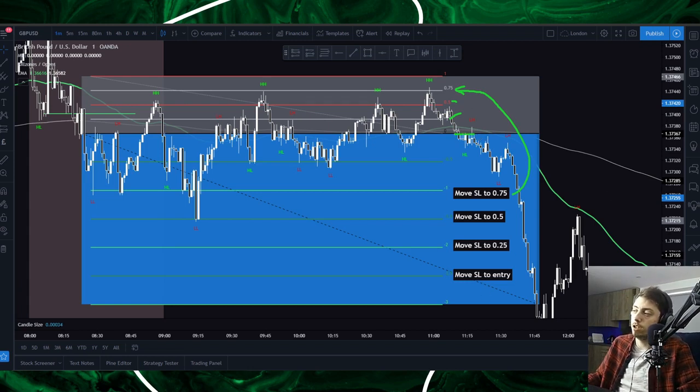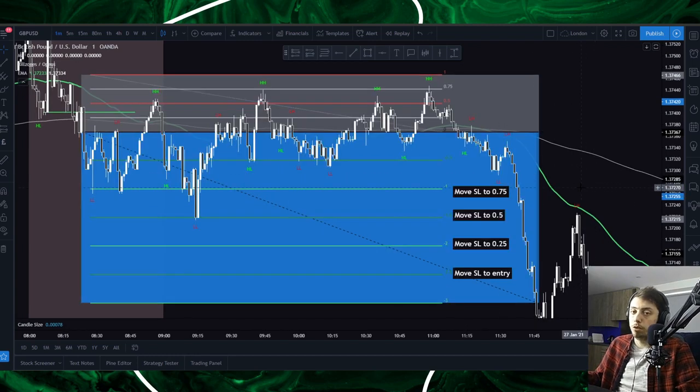You can decide to do this or not. The problem with this is if you're moving this on the 1 minute, it can sometimes wick you out on trades if you're moving it too fast. So I normally do this.